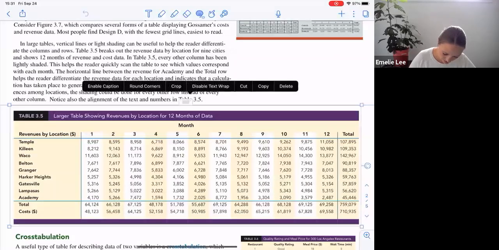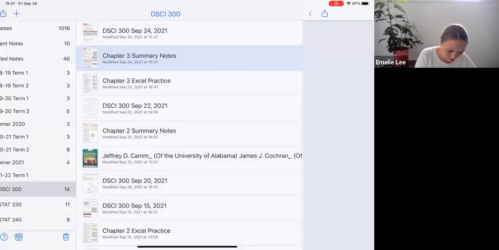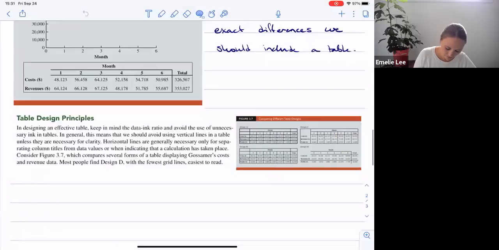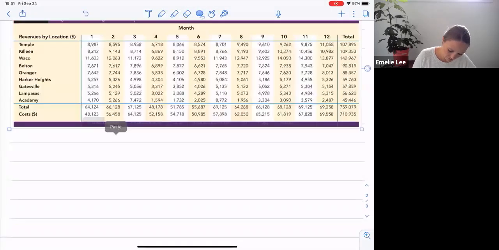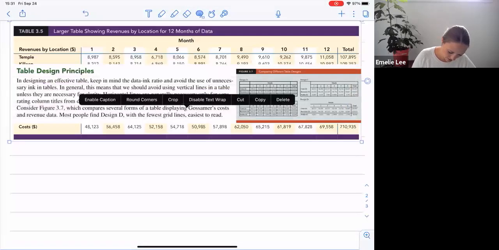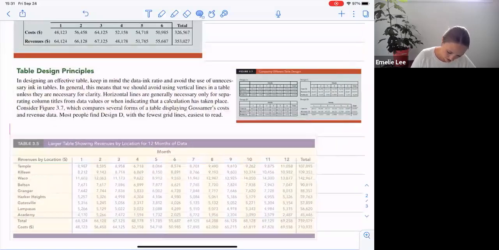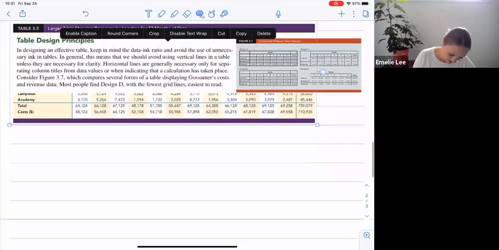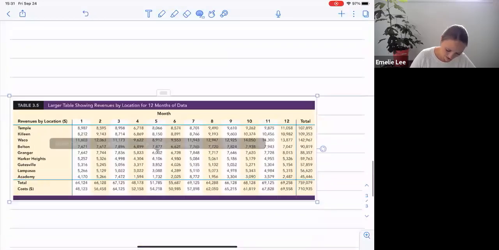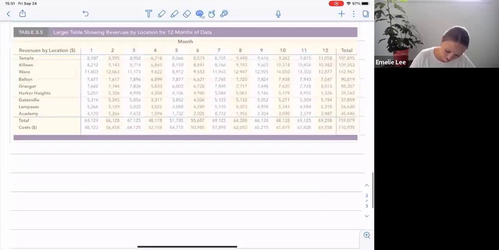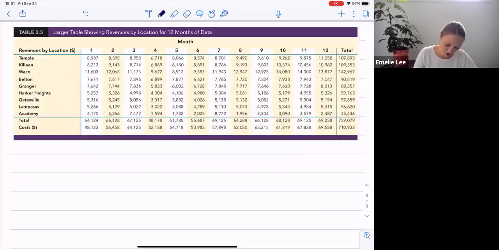Here, I want to use this table to talk about alignment. Just force it on a fresh page.